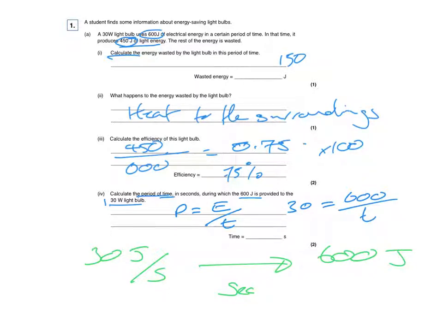Now, you could do that and flip it over, but what we'll do is take the T up to the top. So I'm going to times by T to cancel it out. So T times 30 equals 600. I'm now going to get rid of the 30 by dividing by 30. And that leaves T equals 600 divided by 30, which equals our answer of 20 seconds.